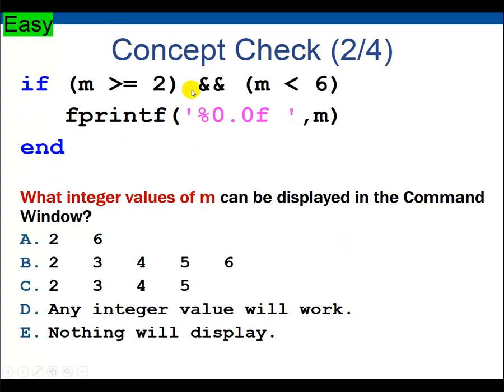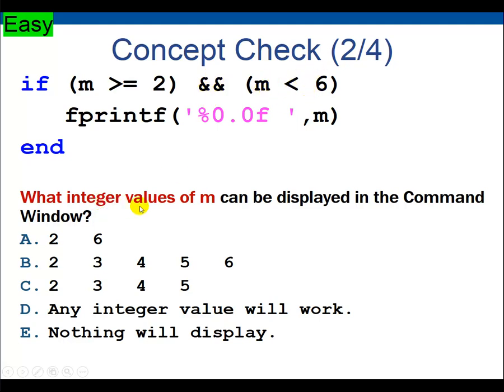Let's review the AND operator. We have two ampersands here. Oh, this is a different question. What integer values of m can be displayed in the command window? M should be greater than or equal to 2, and, with the ampersand as the AND operator, m is less than 6.